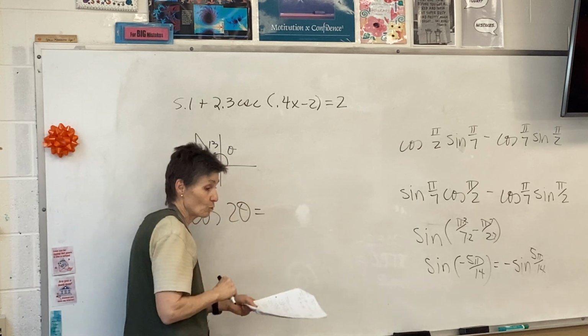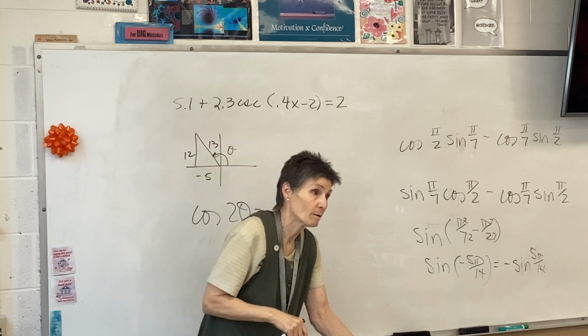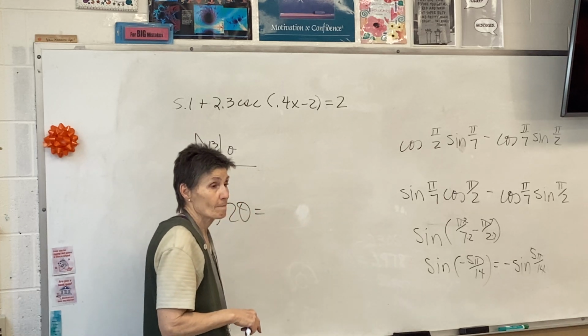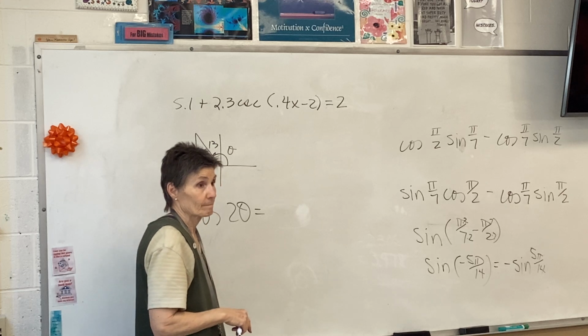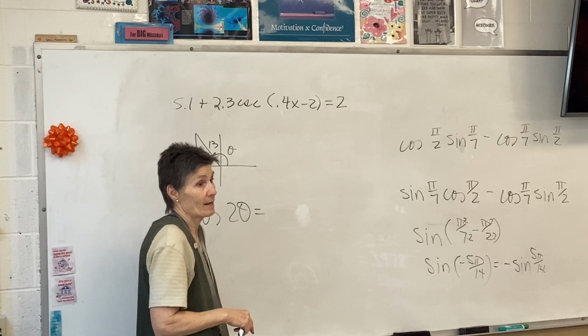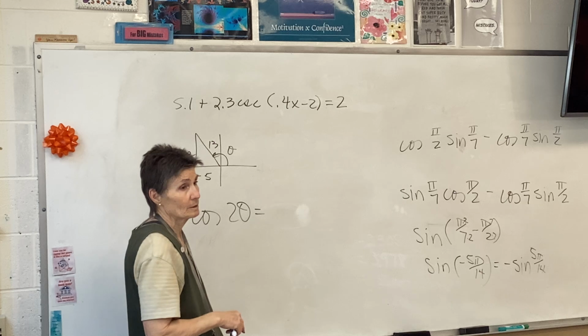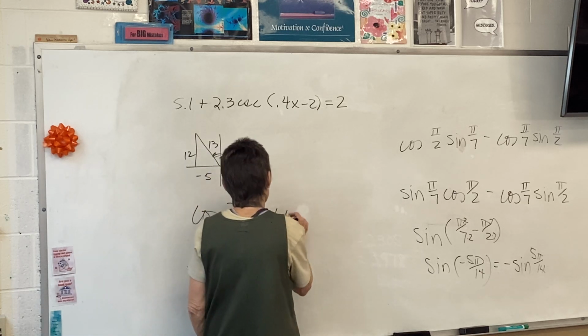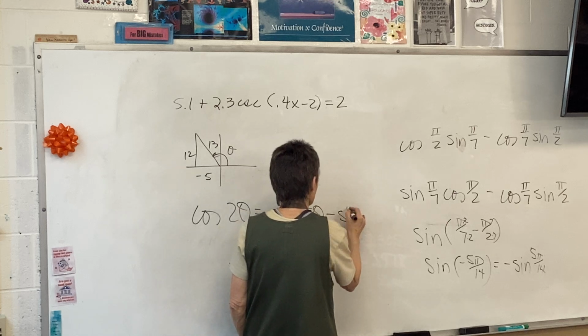Well, I have a choice here. It makes no difference which identity you use, they'll all give you the same answer. So cosine squared minus sine squared.